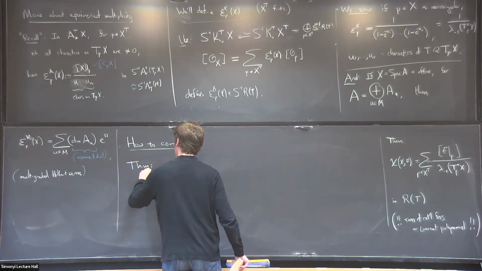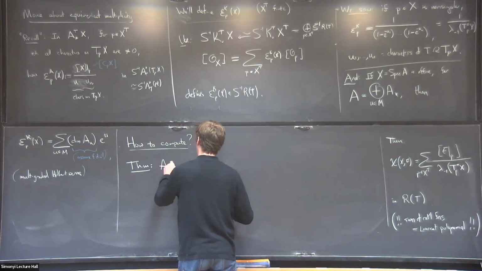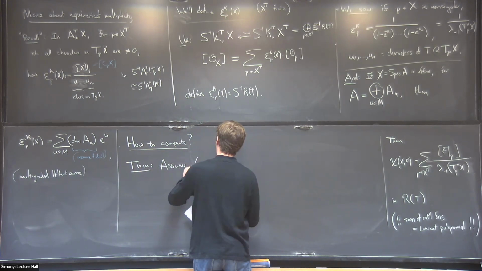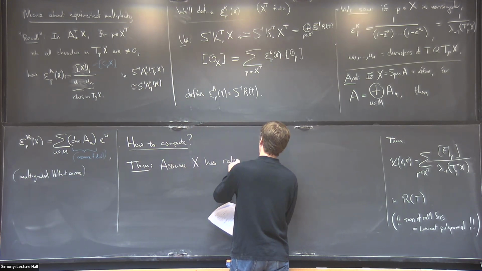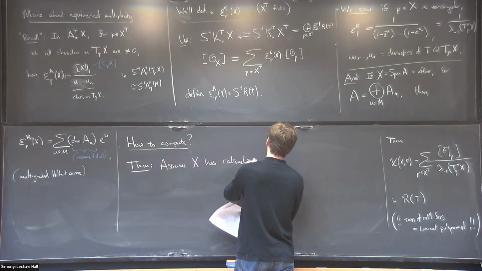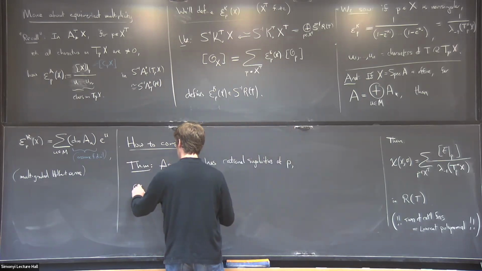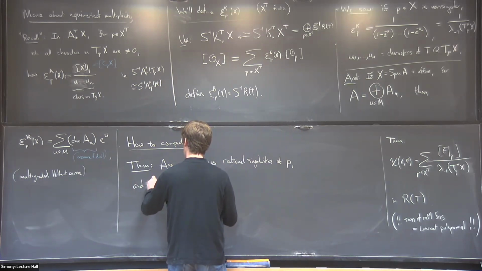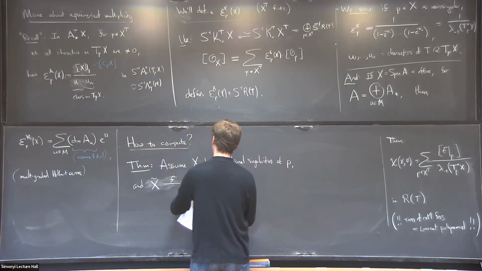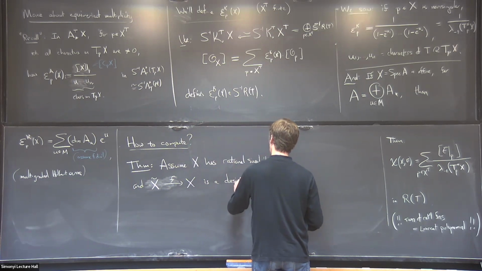And this is, I think, the first place where the condition of rational singularities comes in. So take a desingularization.